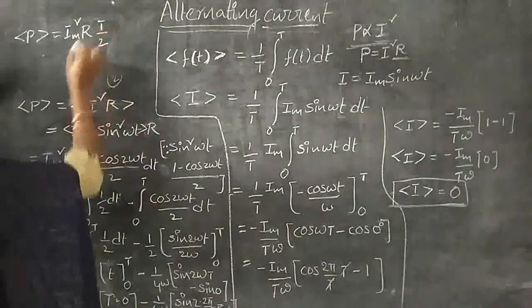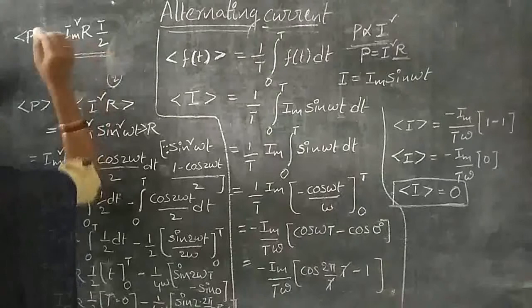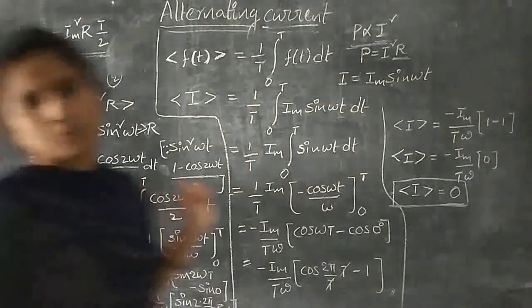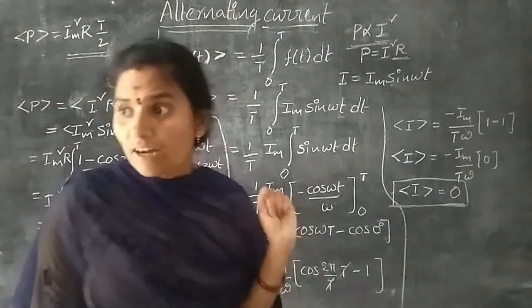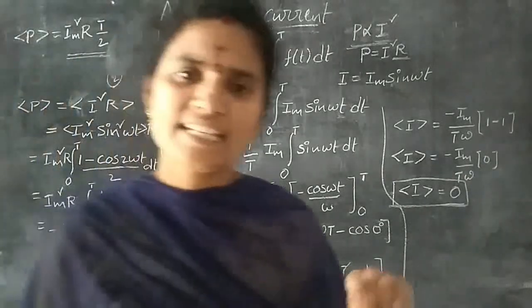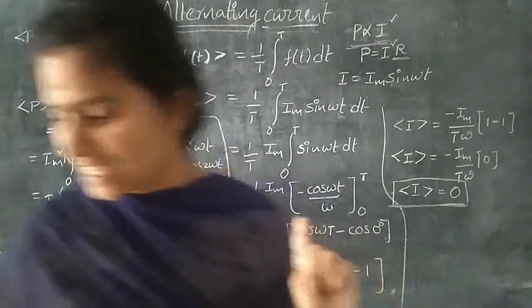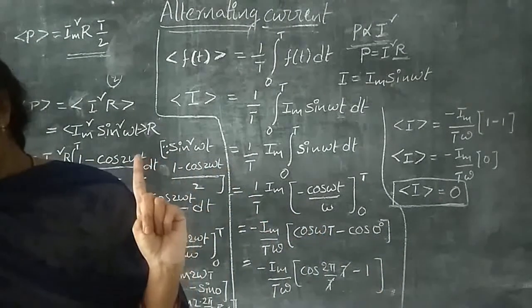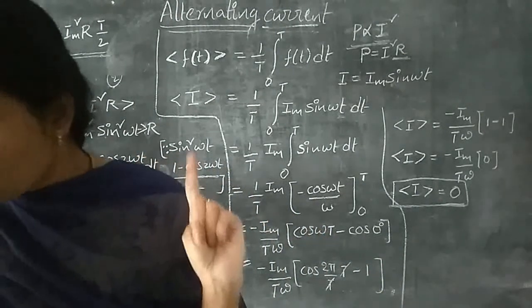So here it has a value, but the average current for one complete oscillation is 0.